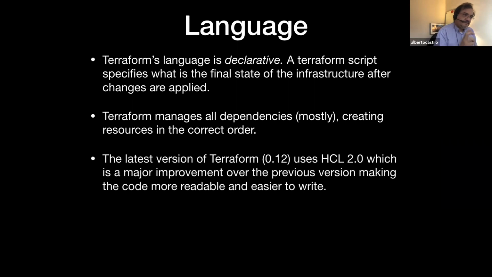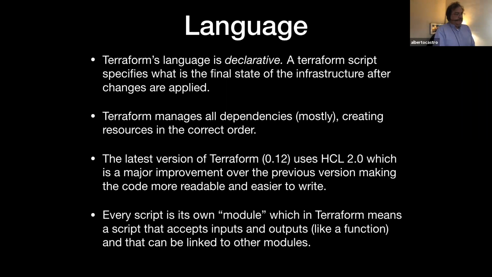In some cases, you still have to specify and use the keyword depends_on, but in general, Terraform does all that. And the latest version of Terraform uses HCL2, which is a major improvement. If you see the code for HCL1, it's really difficult sometimes to read or to interpret. So if you're starting, just definitely start with HCL2.